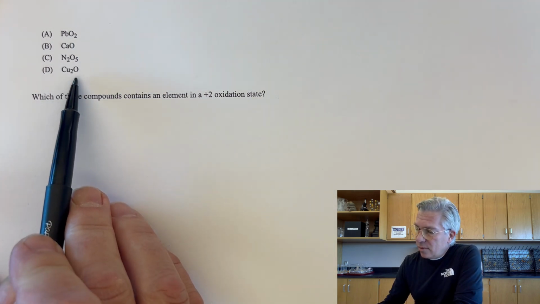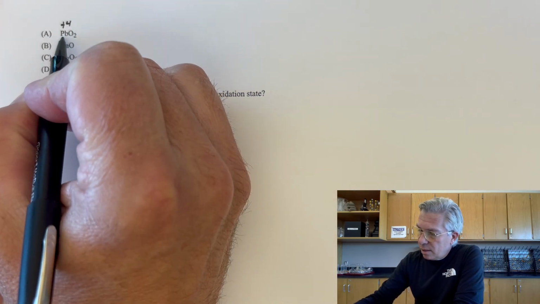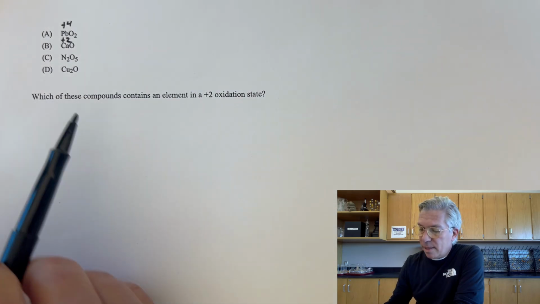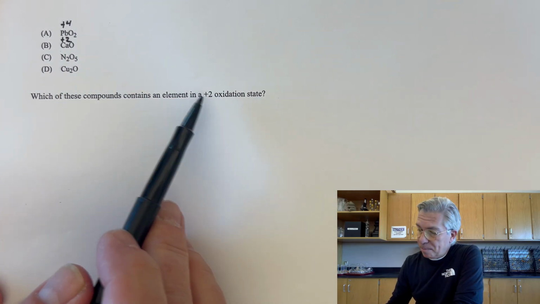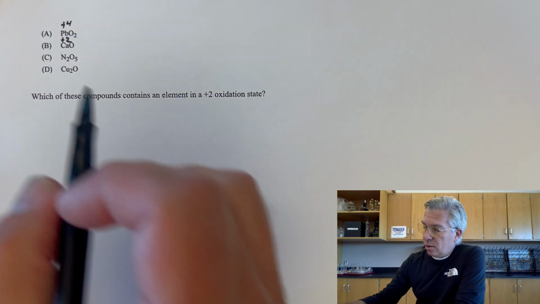The nice thing is that all of these contain oxygen at -2. So that means the lead is +4, calcium is +2, and there's my answer. Nitrogen's going to be +5, copper's going to be +1. And so B is my answer for that one.